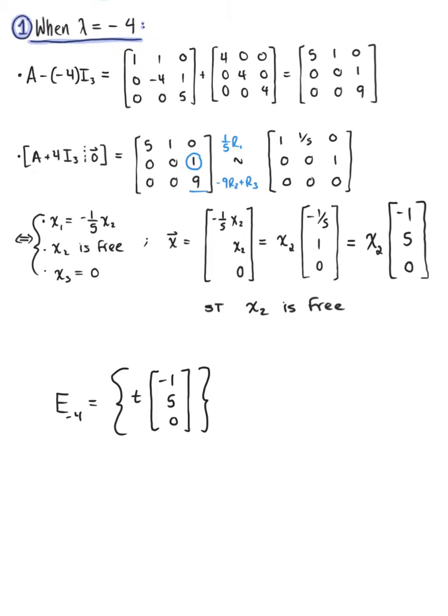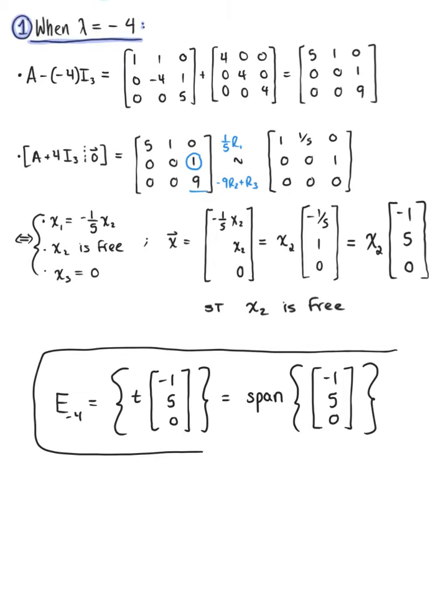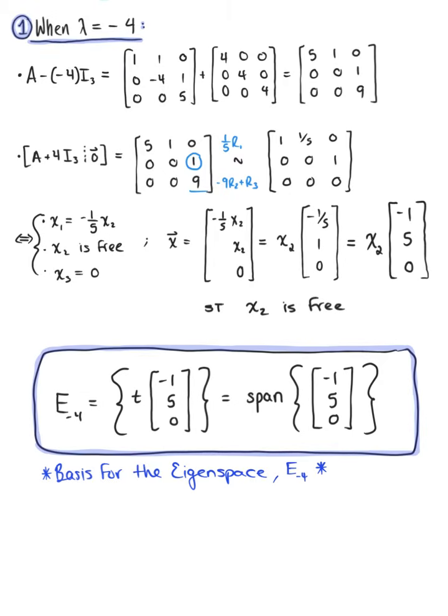Or we can write this in the spanning set form, saying that this is the span of the vector negative 1, 5, 0. So I have used the form of this vector where we don't have the fraction, but keep in mind that if you have the vector defined with a fractional component, that's okay too.